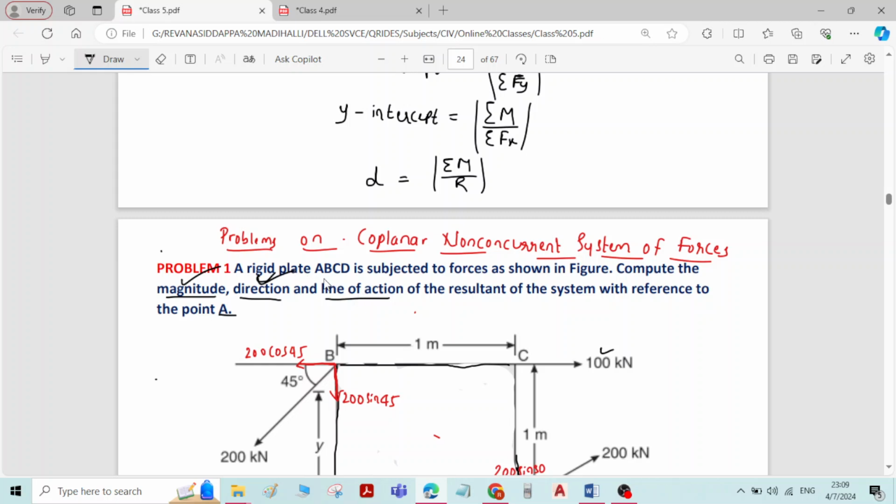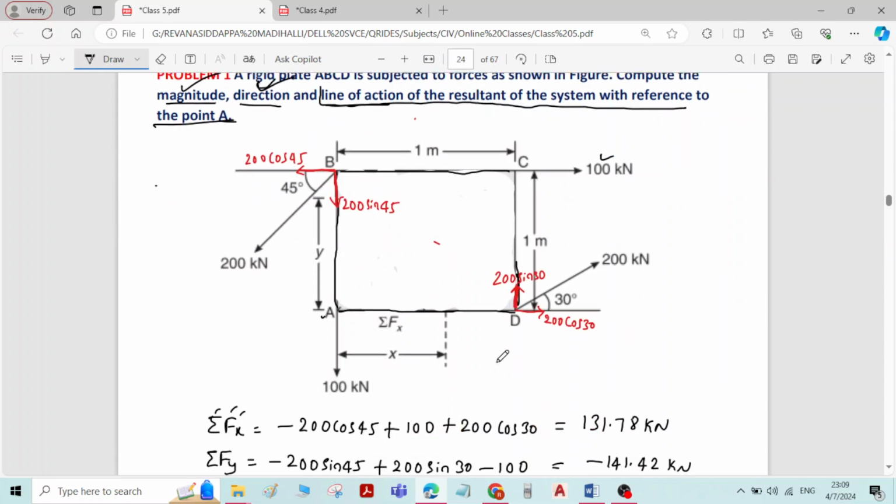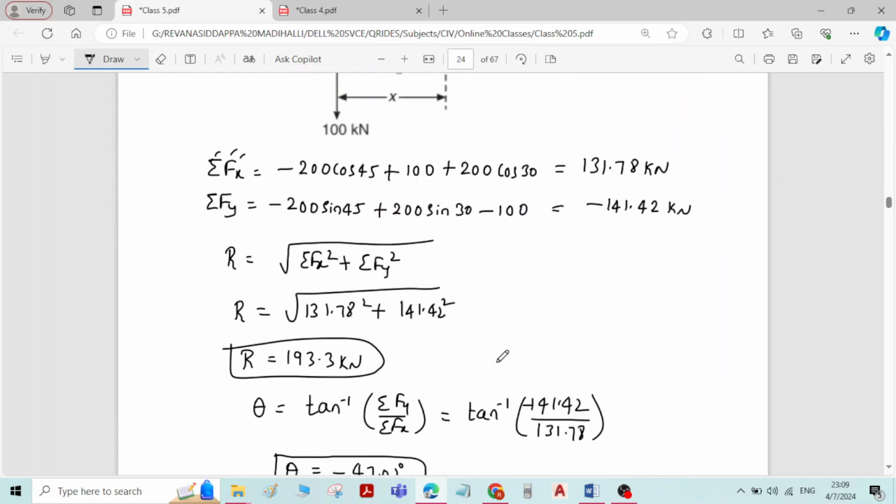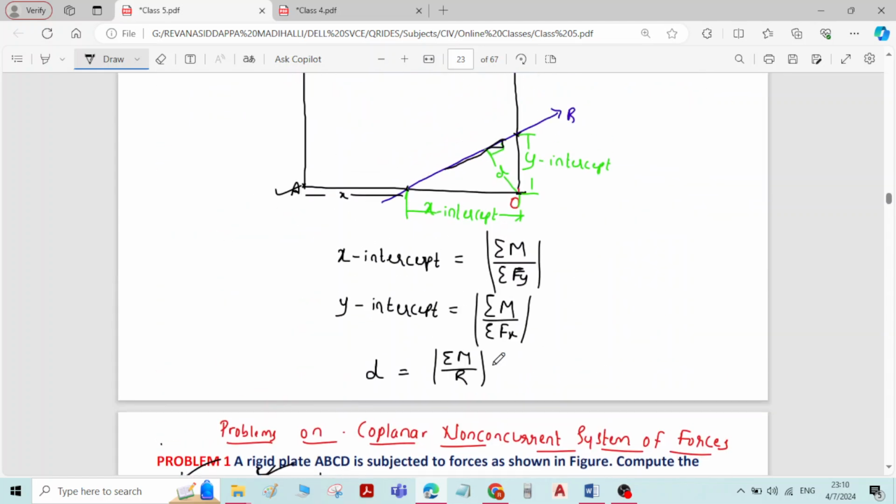Okay, so the direction of the resultant force is known. Now what is the third question? And line of action of the resultant of the system with reference to the point A. Okay, so we have to find position of the resultant force with respect to point A. To find the position, we have the formula for x-intercept, y-intercept and d.